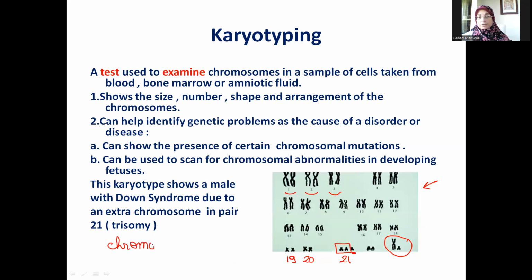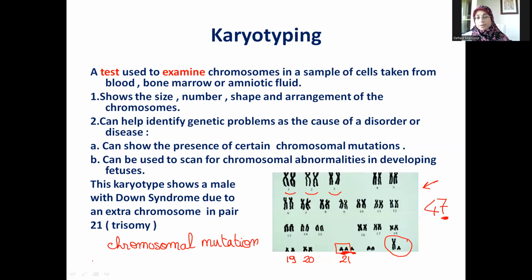This condition is called a chromosomal, not a gene mutation. It is a chromosomal mutation because you have a whole chromosome that is present in addition to the originally present 2 chromosomes. So the total chromosomal number in such a case would not be 46, but it would be 47.